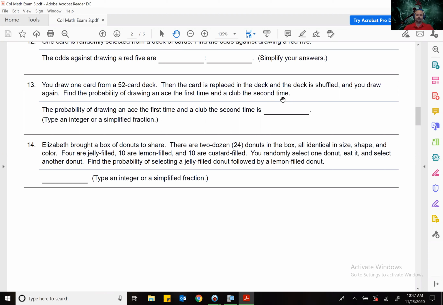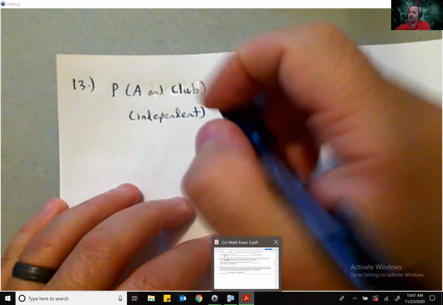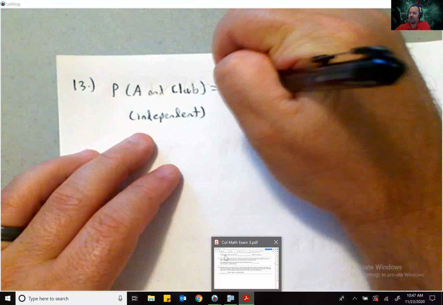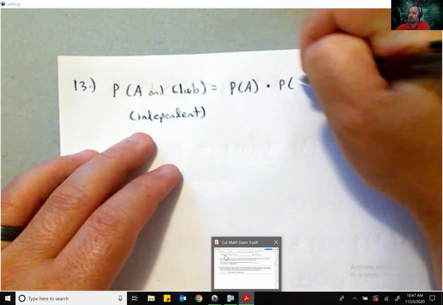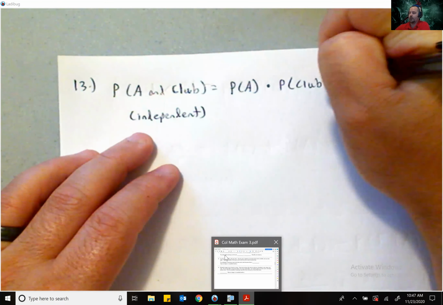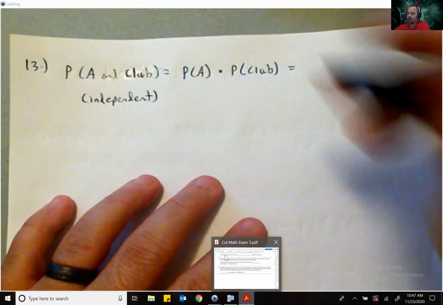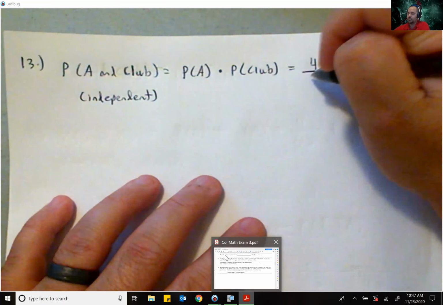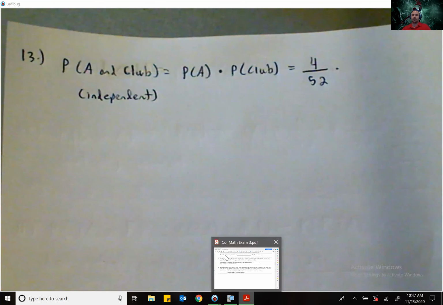Now that we've got everything fixed, because this is independent, all we have to do is find the probability of an ace and multiply that by the probability of a club. We already talked about the probability of an ace: there are 4 aces out of 52. How many clubs are there?